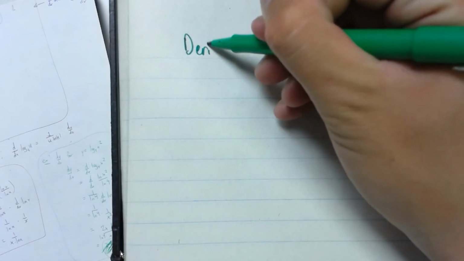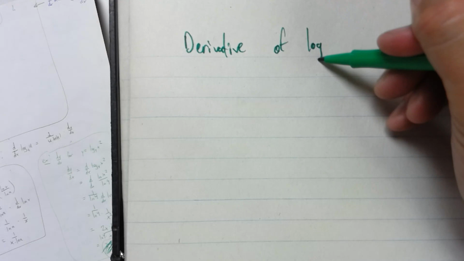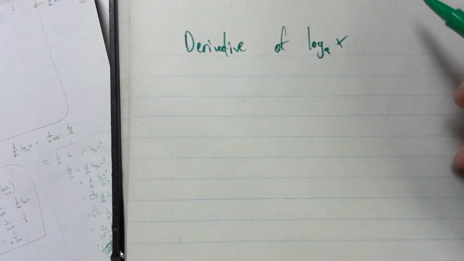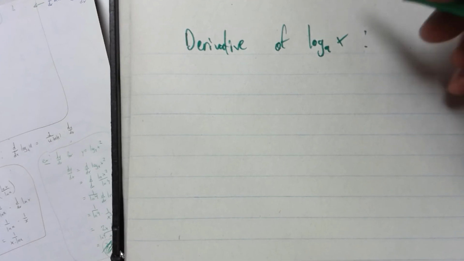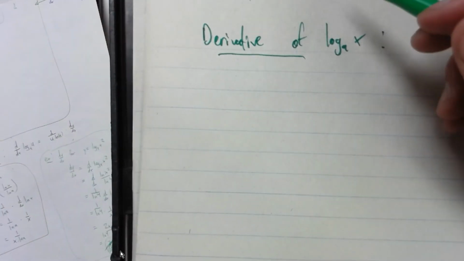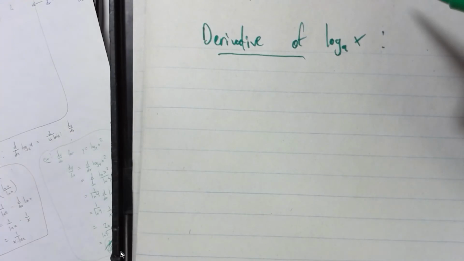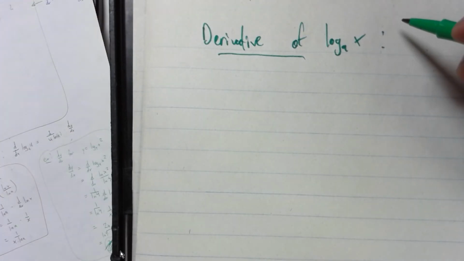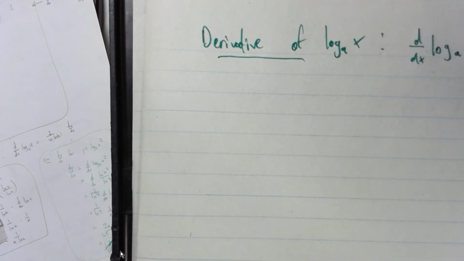Okay, here's an example for a derivative. One more example of log base a of x. And just to reiterate from your formula sheet, the original blue formula sheet, I'm going to rewrite it at the top of the page. It's the derivative of log of base a of u.